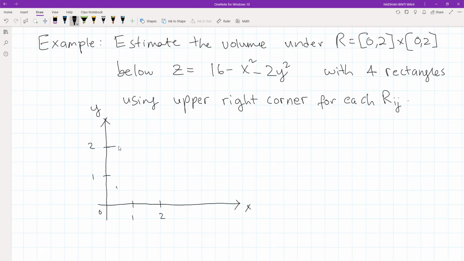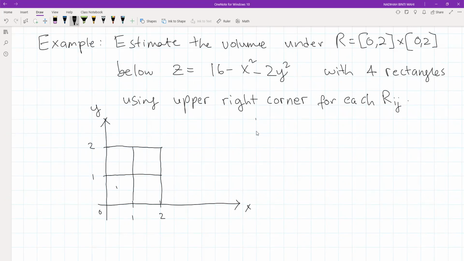So kalau dia kata 4, so you have three methods. Dia tak cakap four equal rectangles. Equal rectangle tu meaning square lah. Four rectangles maksudnya asalkan dia ada 4 rectangles. So you have 3 choices. One, you can put a square. Okay, this is one method.